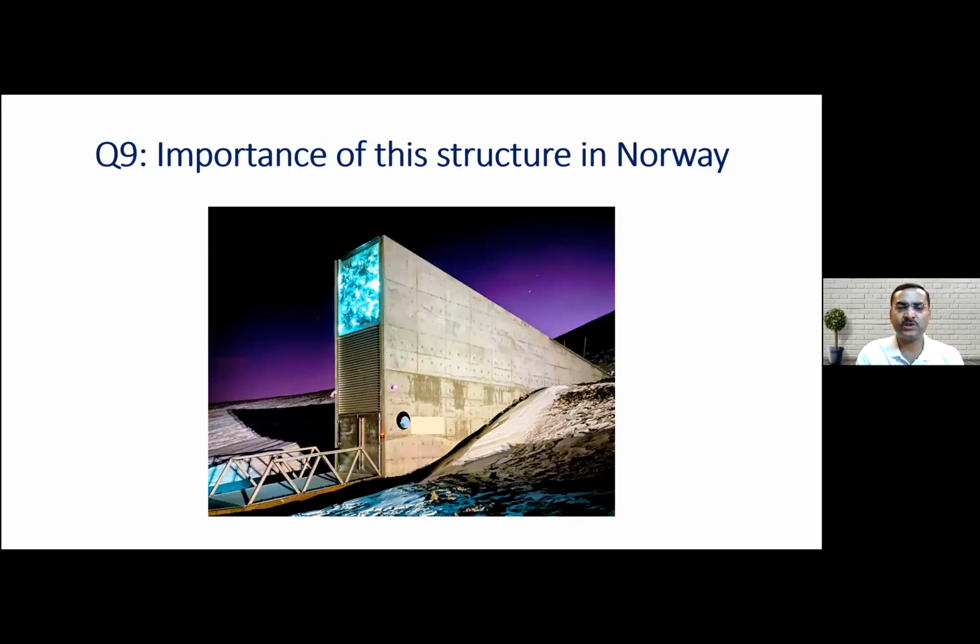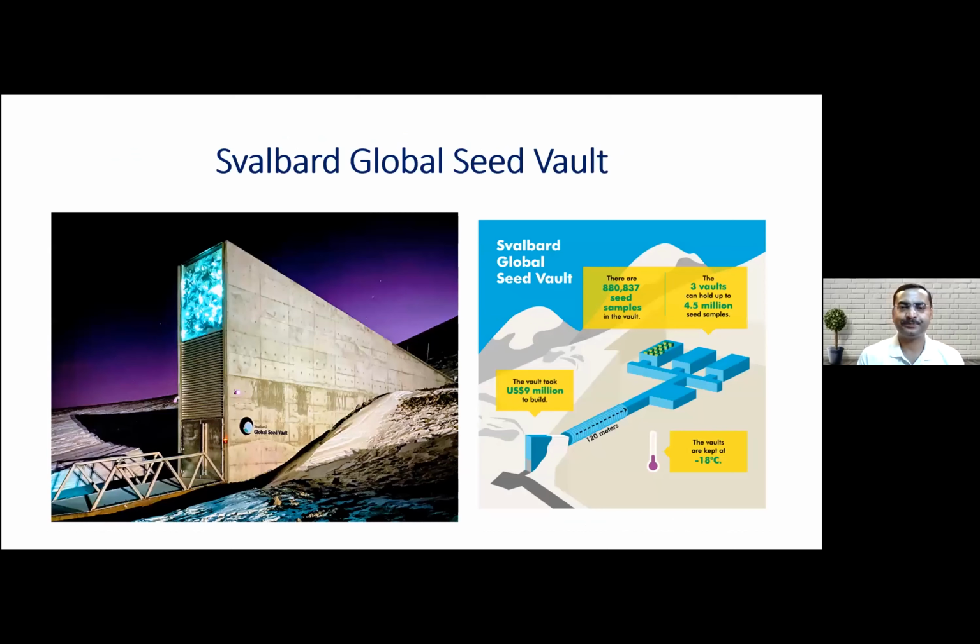The importance of this structure in Norway: this structure is known as the Svalbard Global Seed Vault. All countries across the world sent samples of seeds of indigenous crops to this vault. It is kept there securely so that in case of a natural catastrophe or a war or a famine, or in cases of, say, a nuclear disaster, samples of seeds which are indigenous to different regions of the world are preserved there safely.